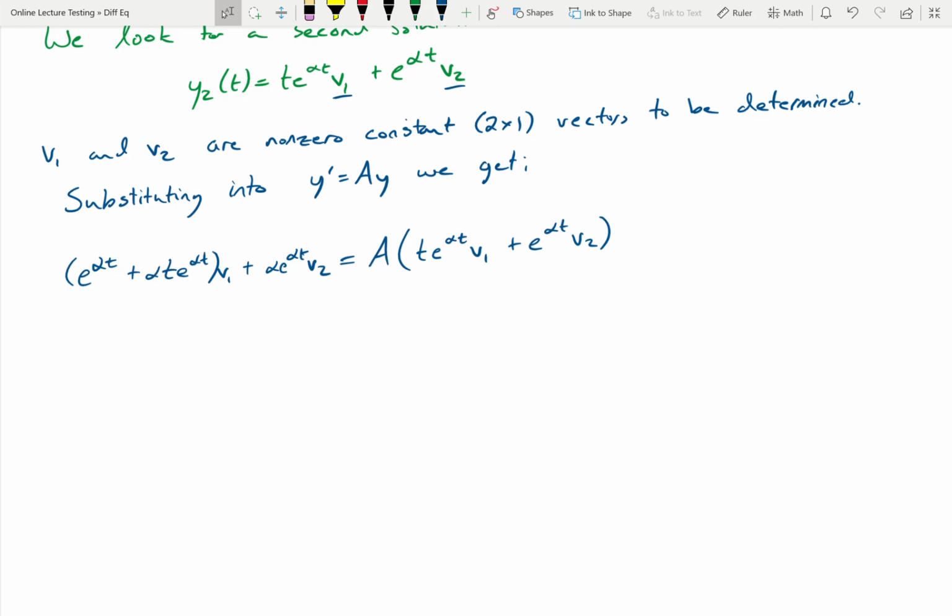So I'm going to subtract everything. So there's going to be some simplifying that occurred here, where I subtract the t and the alpha t, because this A is multiplied into these guys.